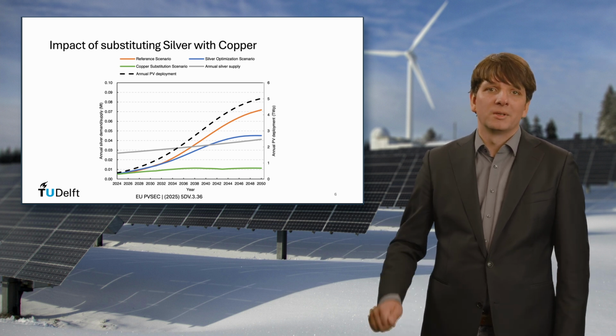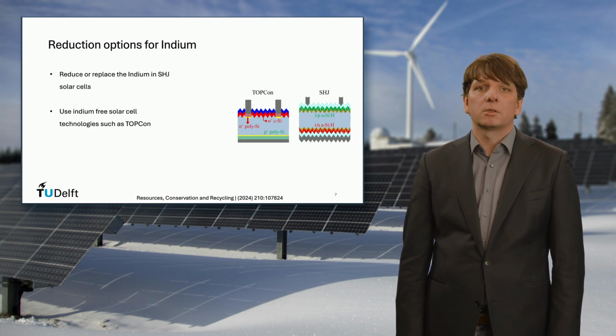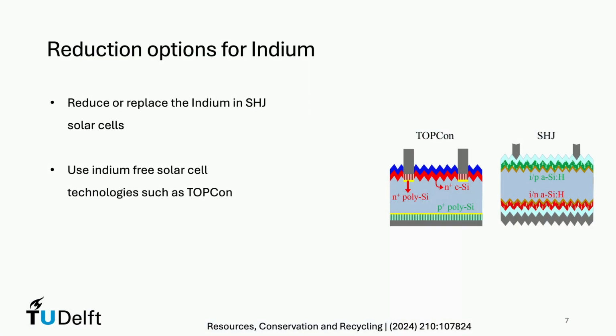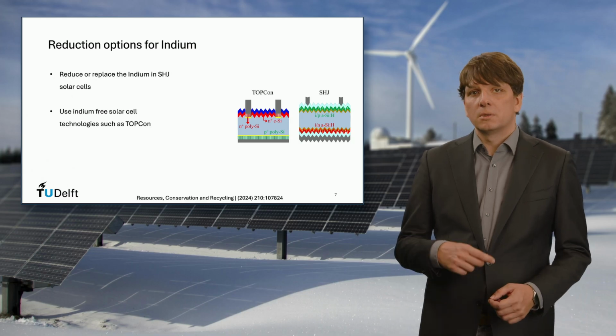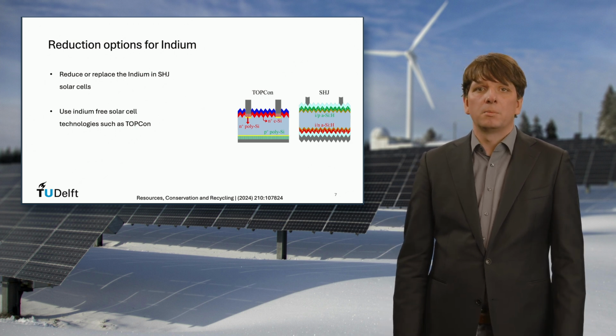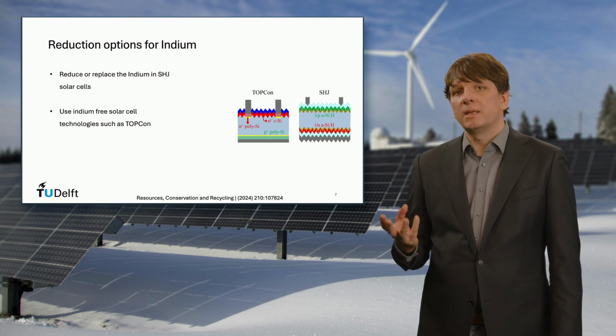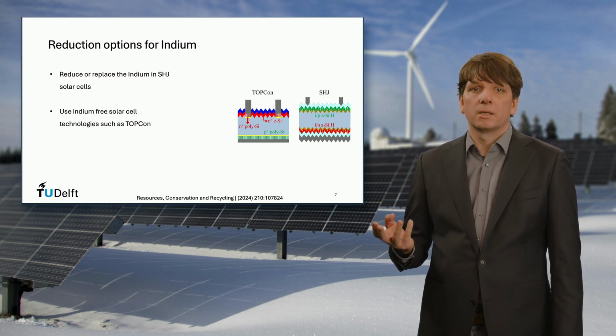Let's knock on wood. As mentioned, indium is used in transparent conductive oxides, which are present in some solar cell technologies, such as silicon heterojunction or SHJ. In short, if silicon heterojunction solar cells are deployed, then we need to reduce or replace the indium in those solar cells.